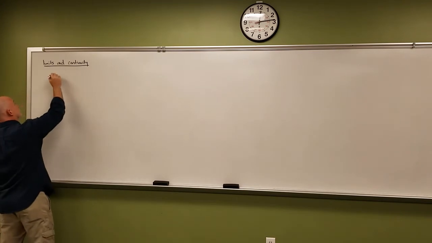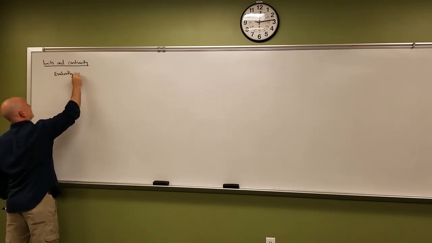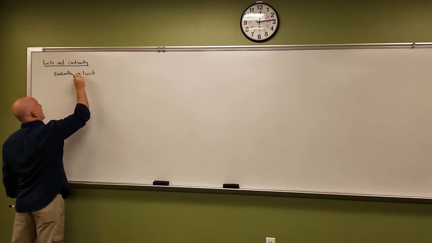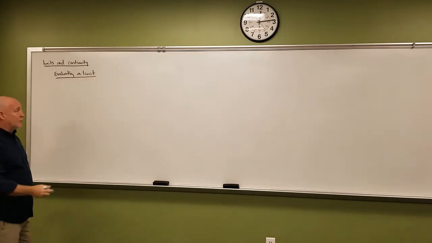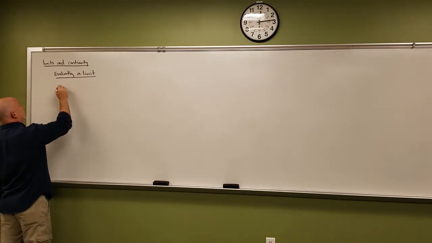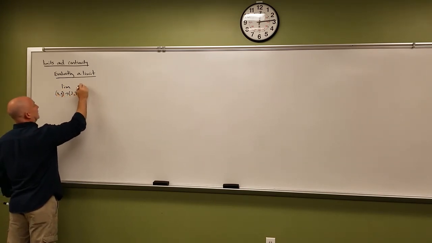First off, how do we actually evaluate a limit when we have a multivariable function? So if I were just to say, what's the limit as x, y approaches 2, 3 of x plus y over x squared?